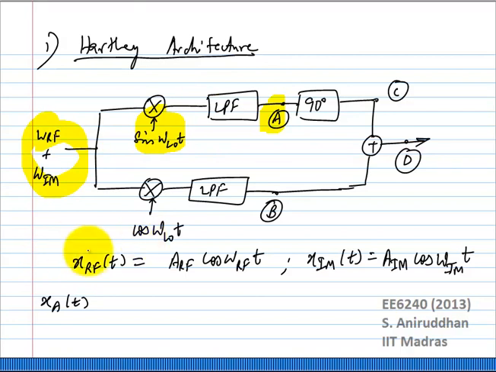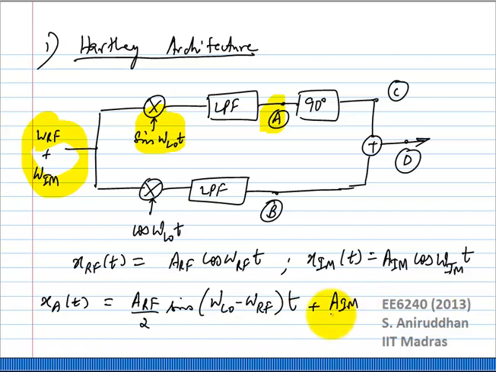So what I'll get is ARF by 2 sin of omega LO minus omega RF T plus AIM by 2 sin of omega LO minus omega IM T. And I am going to rewrite this differently.